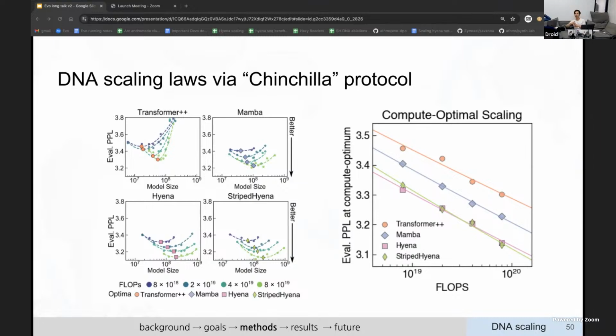The main takeaway of the scaling analysis is that you get predictably improved performance in terms of pre-training and perplexity evaluation as you scale with larger compute and larger data sets, which is not necessarily a given, because we've only seen this happen in natural language. To see this in DNA, I think it's very interesting for us to observe.